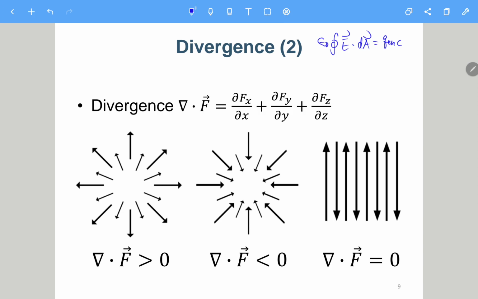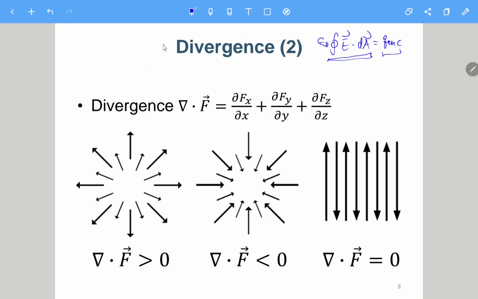At that time we know that if we calculate the electric flux, it is related to the charge enclosed. If this charge enclosed is positive, there will be an E field flux flowing outward. If this Q enclosed is negative, then there will be an electric flux flowing inside the region.